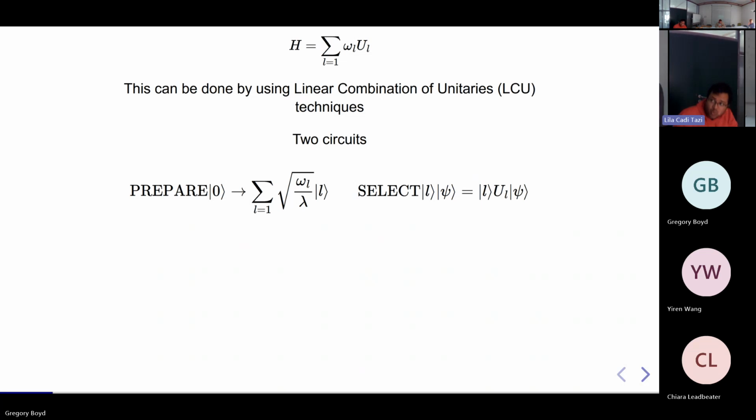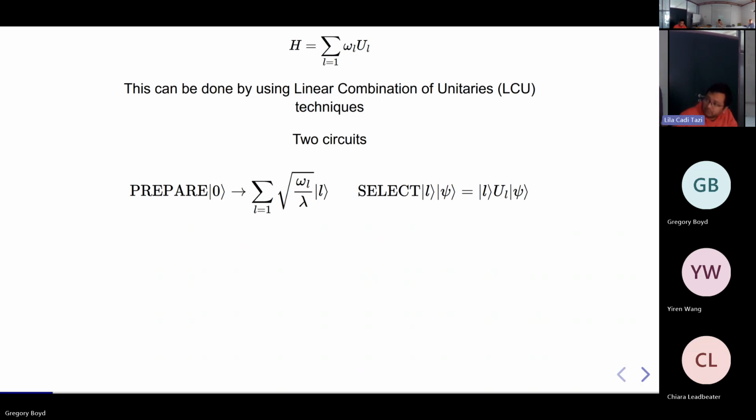And the lambda is the scaling factor. Yes, the lambda is a normalization factor. It's the sum of the norms of the omegas. These omegas could be complex.